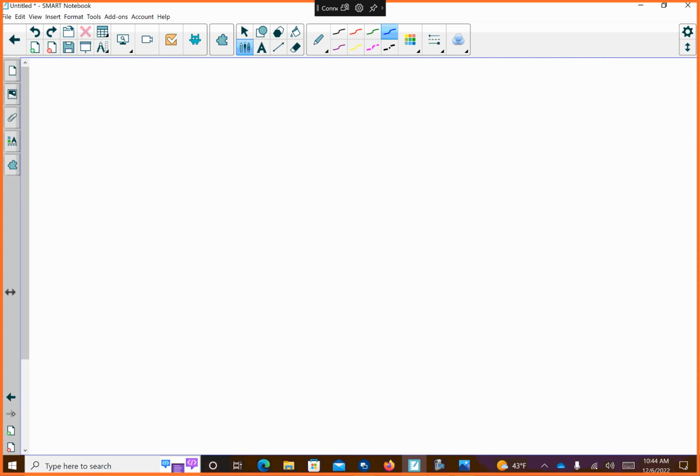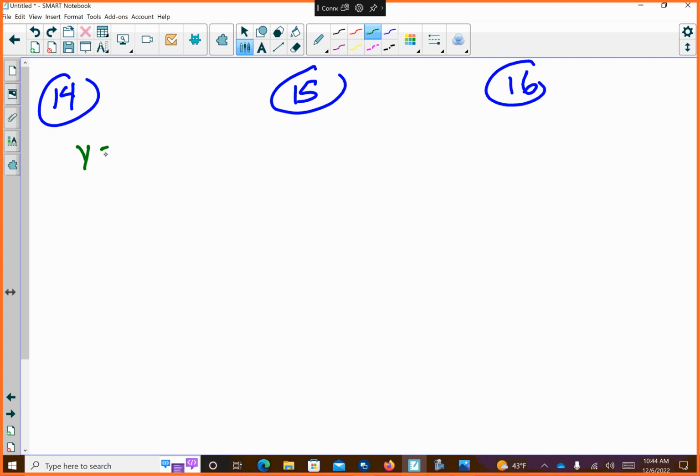All right, so let's take a look at 14, 15, and 16. We'll do all these. So y equals 2x, y equals 2x minus 5. What can you tell me about these two lines? They have the same slope. Are they the same equation, though?